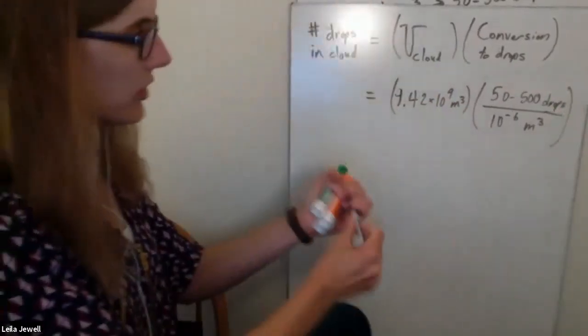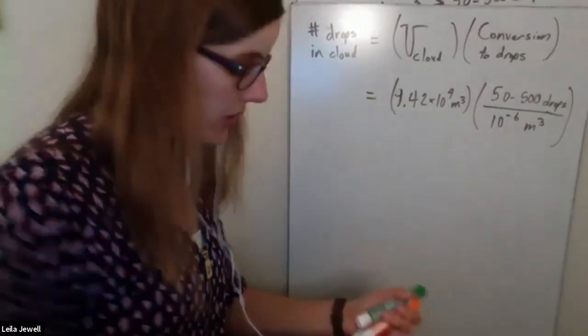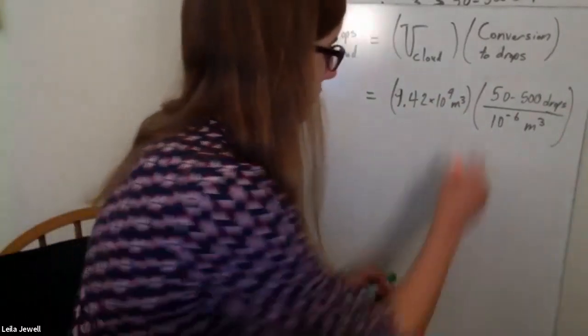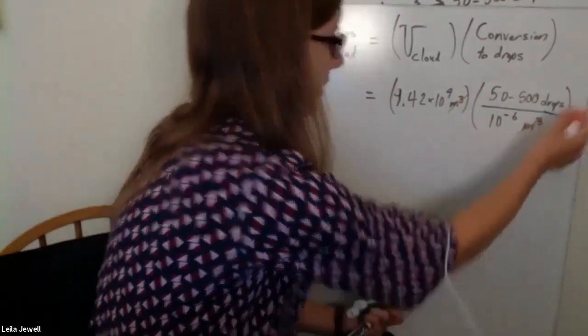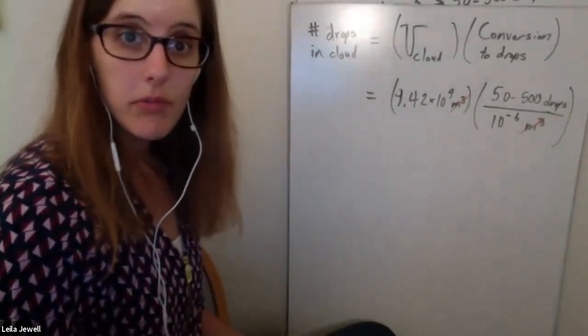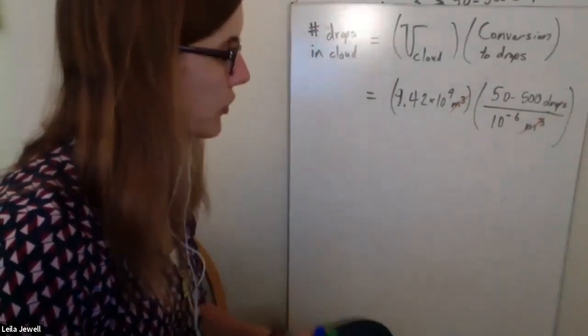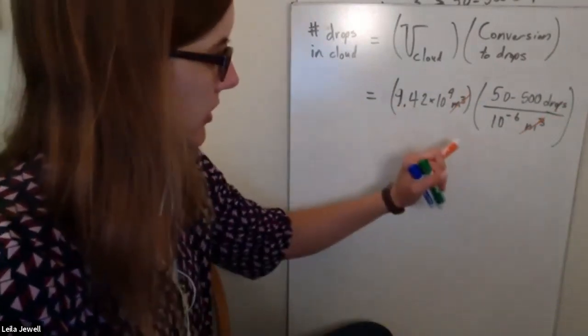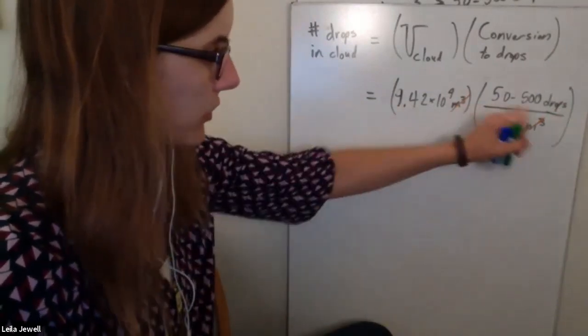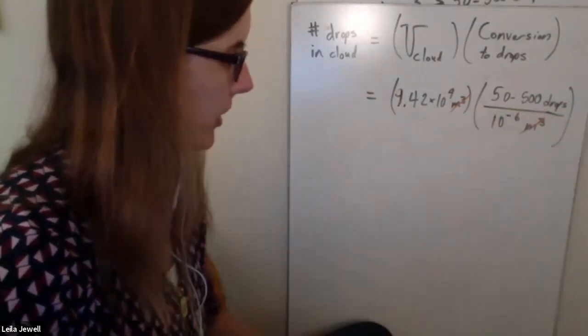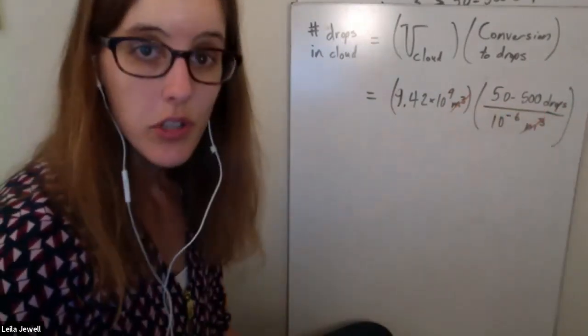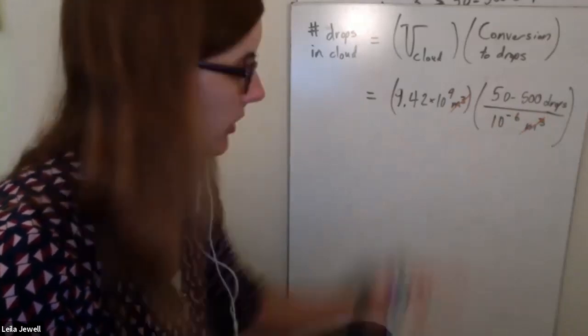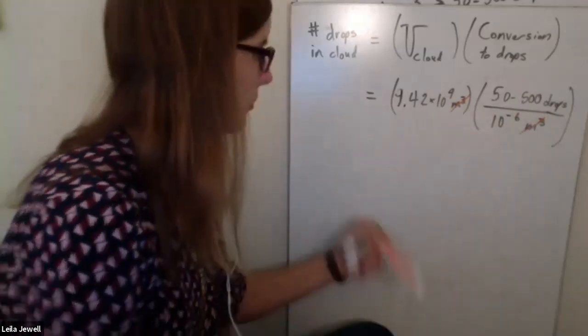So what we'll notice is in multiplying this, our cubic meters are going to cancel out, and we're left with a number of drops. So this will indeed give us a number of drops. Before I multiply it though, I'm going to leave it with the times 50 to 500, I'll just divide by the 10 to the minus 6, which you notice will make it extra big. If we're dividing by 10 to the minus 6, we'll have a very large number.